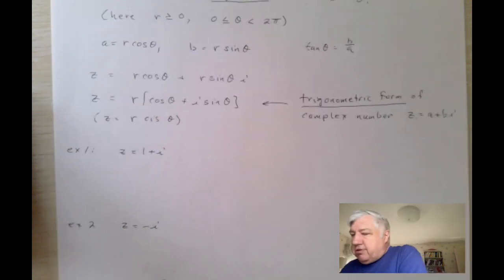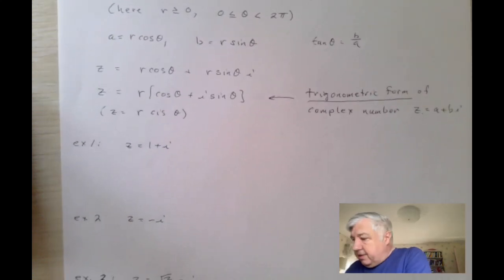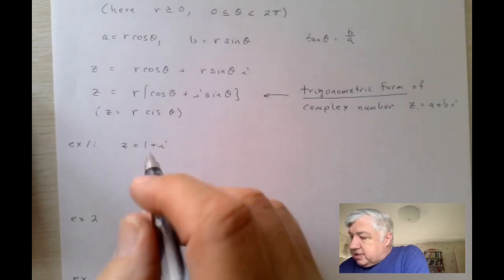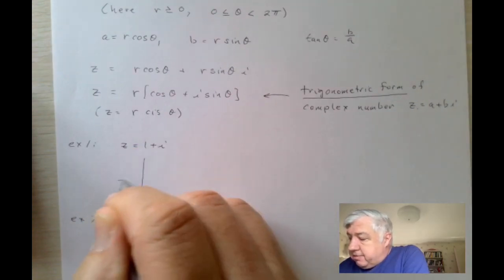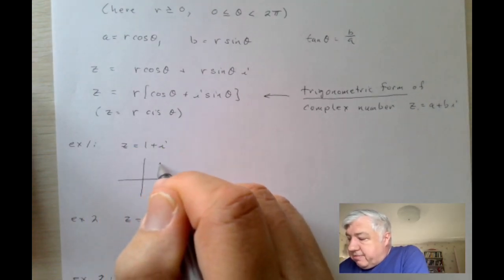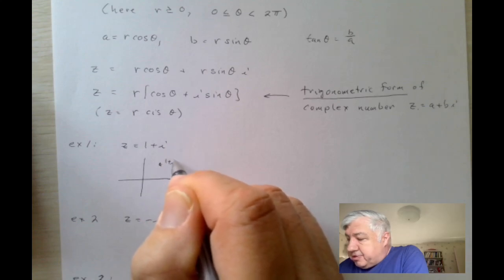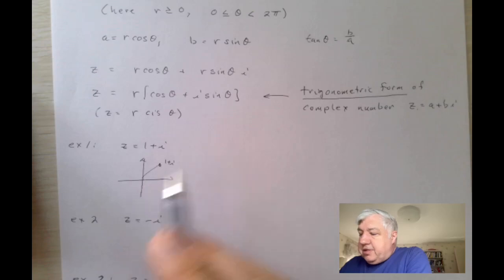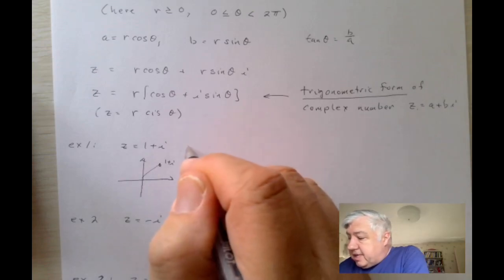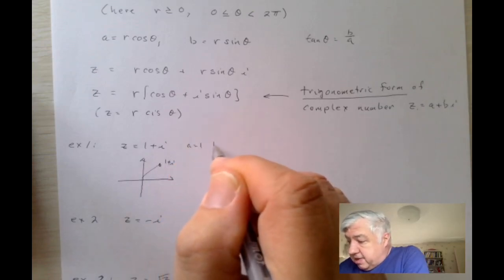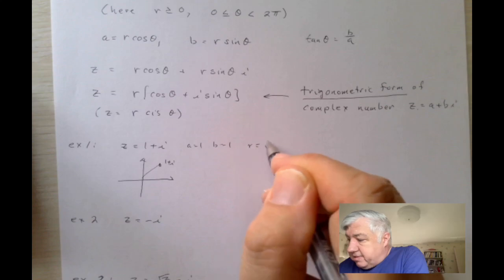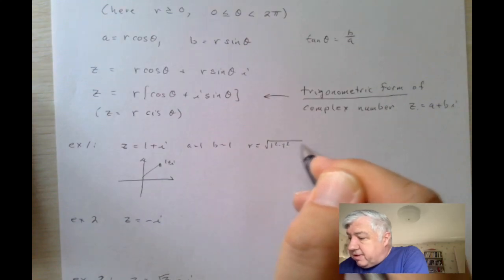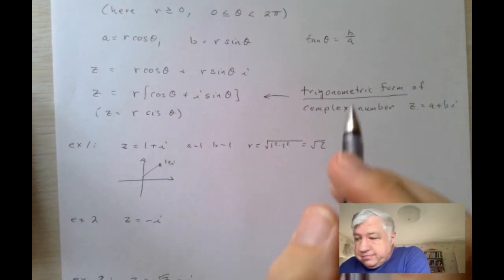So if we just do some examples here, 1 plus i, and when you're first doing it, it helps to draw a picture here. This distance is going to be, in this case, a is 1, b is 1, so r is going to be the square root of 1 squared plus 1 squared, so it's the square root of 2.